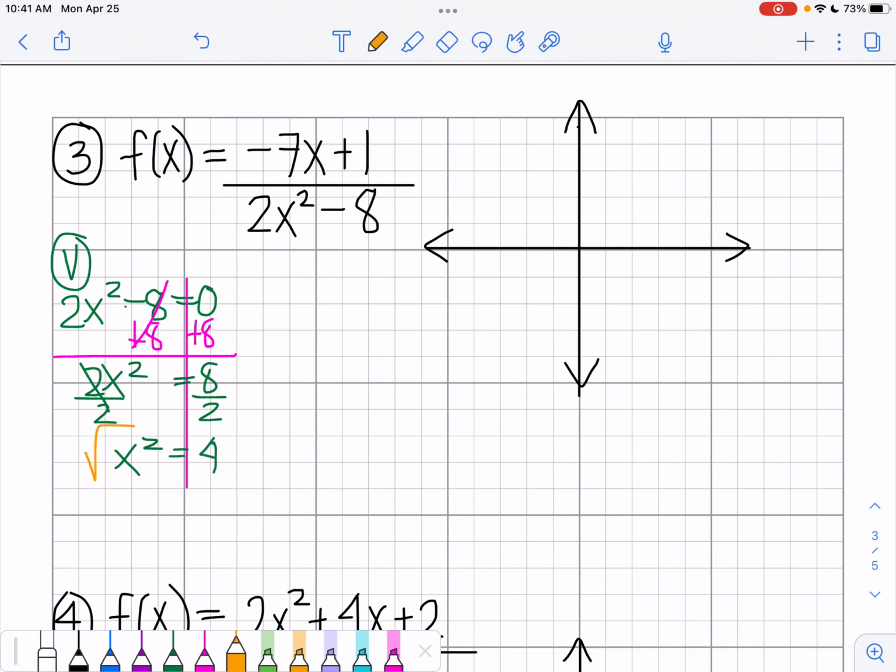And I have to take the square root. Now, when you take the square root, you have to remember you need to find all square roots. So 2 times 2 is 4, but so is negative 2 times negative 2. So this is actually giving you 2 vertical asymptotes. So you're going to have one here at 2 and at negative 2.